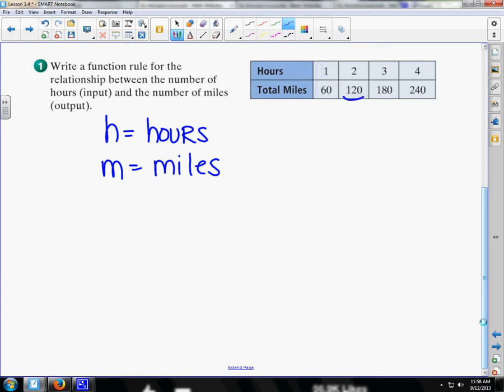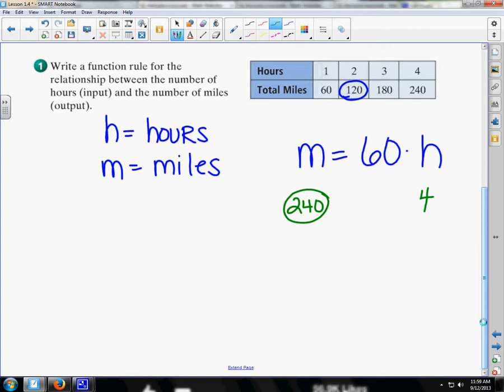So I want my output, so that is M equals, and then I look to see what is getting multiplied. Well, the 60 is getting multiplied times the number of hours. Now this is where I always double check myself. If I went 4 hours, that would be 240 miles. So that makes sense. So my equation makes sense.